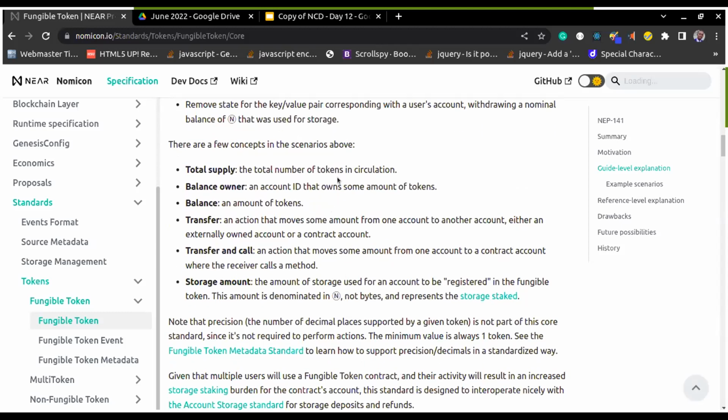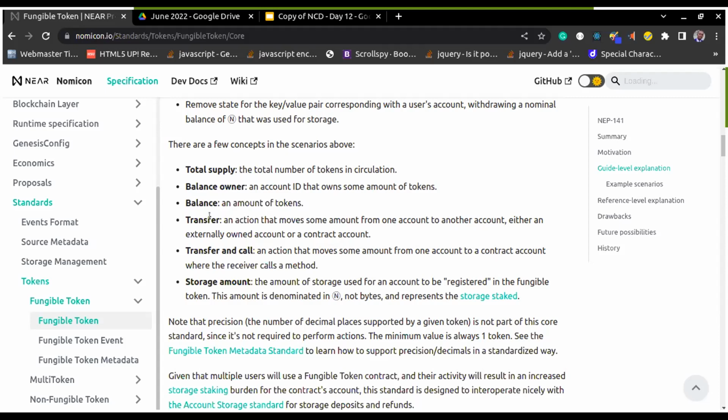A few concepts in the scenarios above. We need to have the total balance. So actually, there's a function within the smart contract that should be able to help us find these. The balance owner. So this is basically the account ID that owns some amount of tokens within the fungible token smart contract. Then the balance, the amount of tokens basically. We also need to have some transfer functionality within the smart contract.